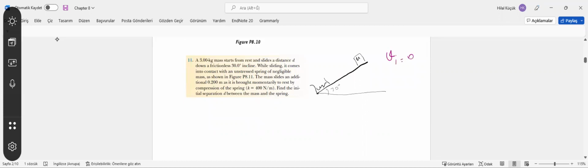And it slides a distance d down a fraction. Okay, there is an inclined platform with that angle. While sliding, it comes into contact with an unstretched spring. It is here, it's unstretched. A spring of negligible mass, as shown in the figure.